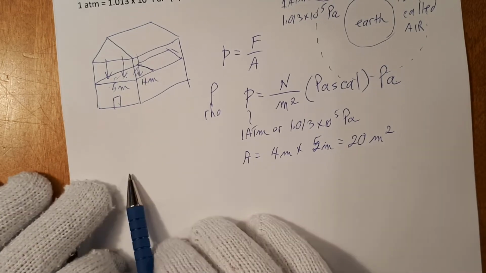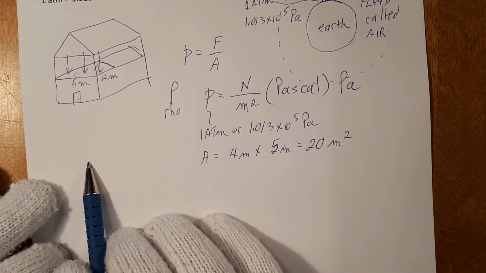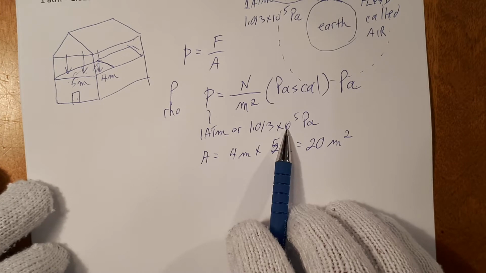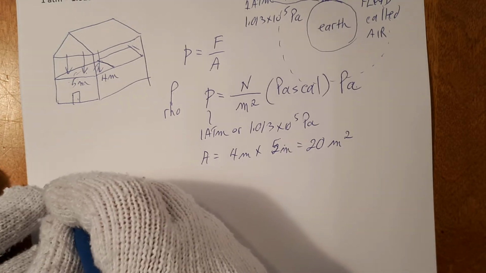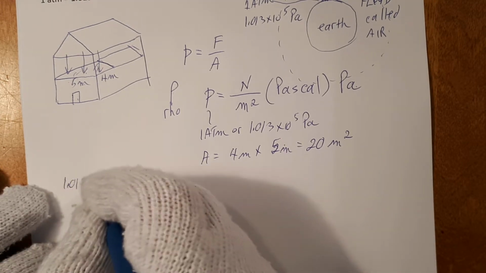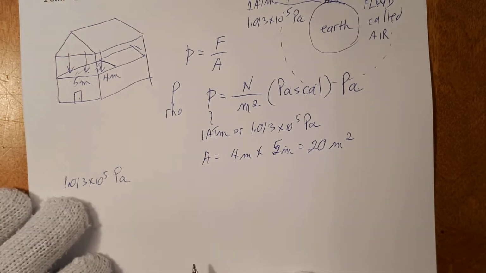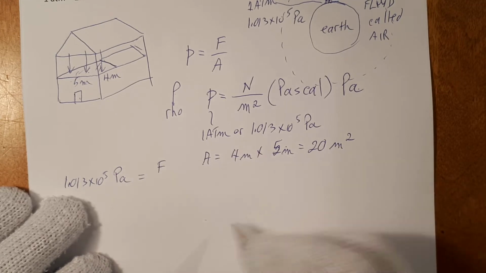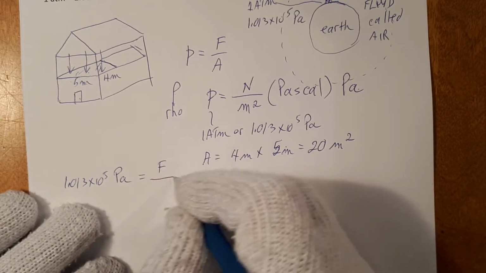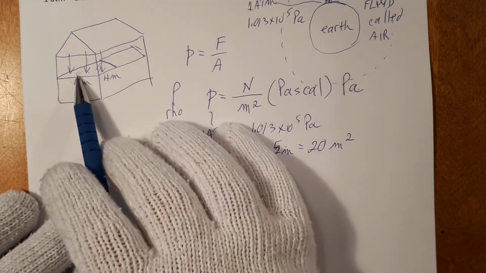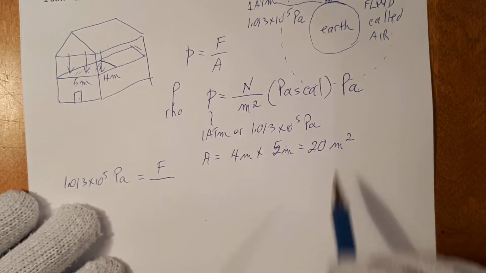I'll do that over here. The pressure in pascals, 1.013 times 10 to the power of 5 pascals, or Newton per square meter, is equal to the force, and force has a unit of a Newton, divided by the area which we are interested in, which is this whole area, 20 square meters.